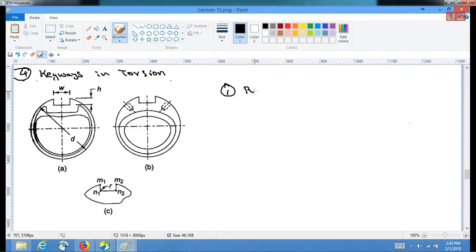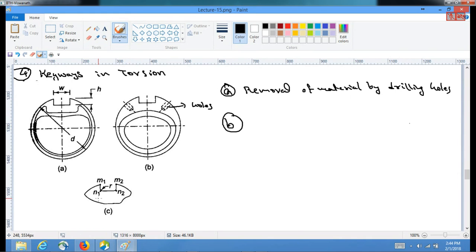First is removal. These are the holes. Those are drilled to deflect the stress contours in such a manner that they are gradual in nature. This is one way. Or either you can create, see this is very sharp abrupt change.